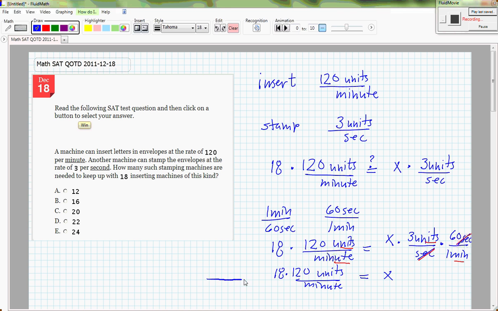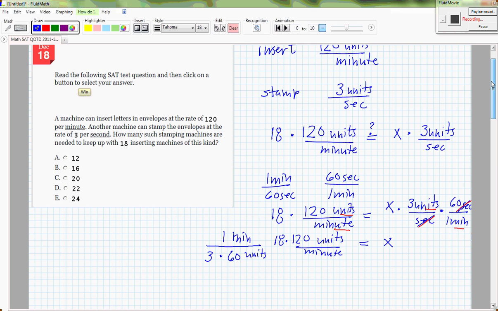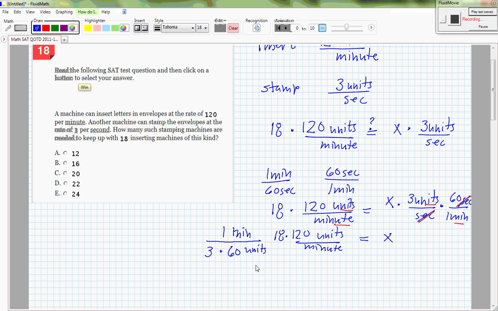So over here, 1 over 3 times 60. Now this is units down here, and minutes up here per 1 minute equals X. So 18 times 120 over 3 times 60 equals X.